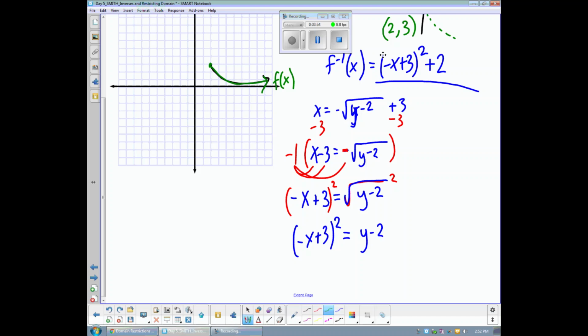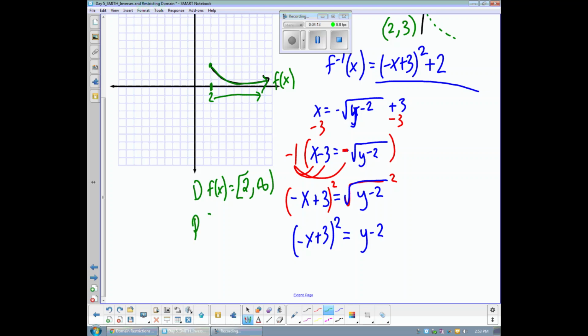So if I look at f of x, in the x value, it starts at 2 and is going off into positive infinity. So our domain of f of x is going to be 2, notice the bracket, to positive infinity.